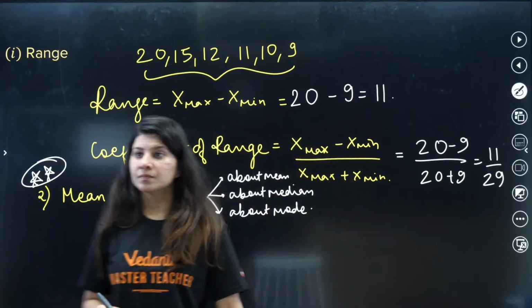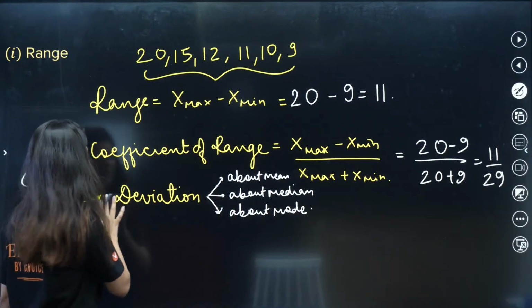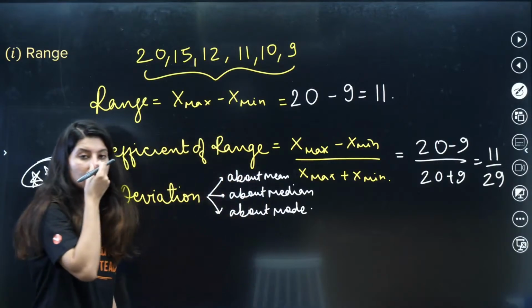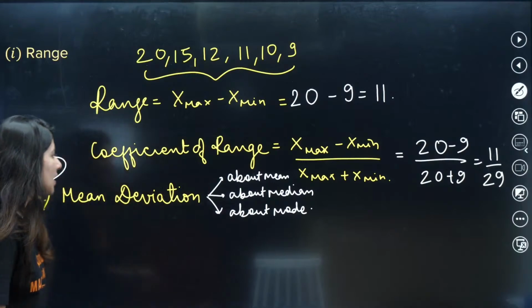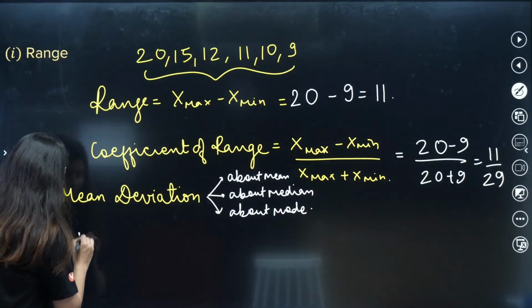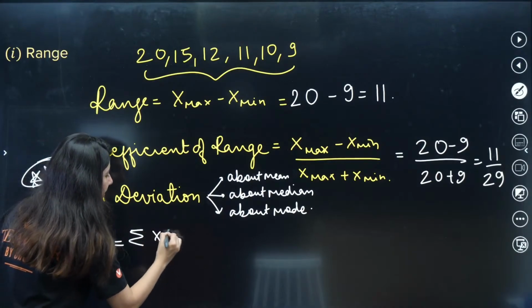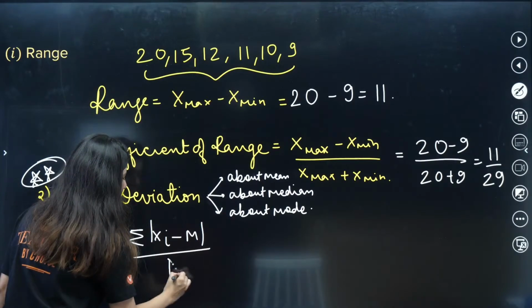Suppose you have to calculate mean deviation about mean, median, mode, anything. All three categories have a similar formula. Mean deviation is nothing but sigma |xi minus M| upon total number of observations.